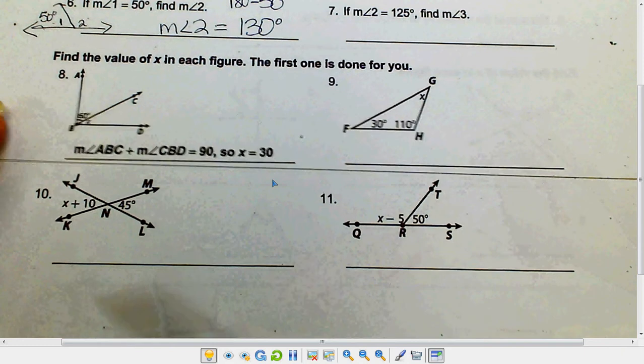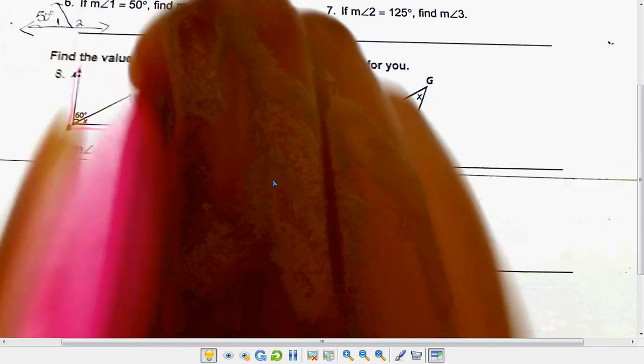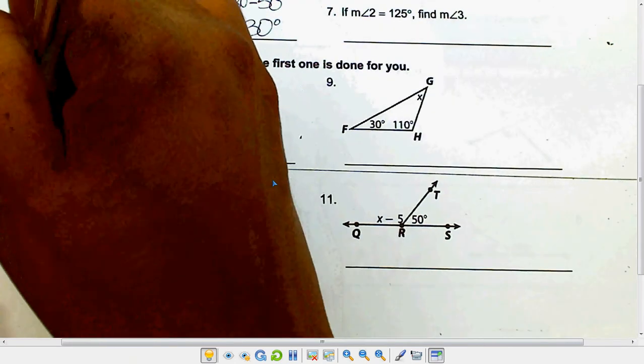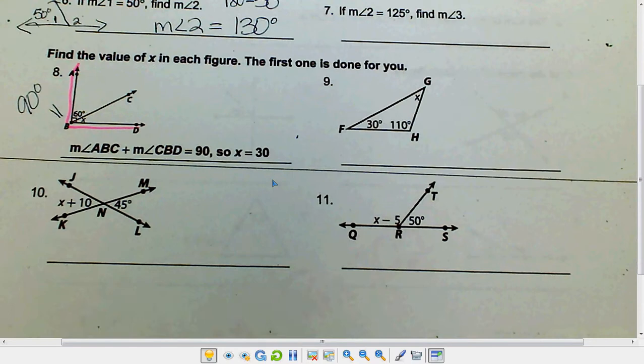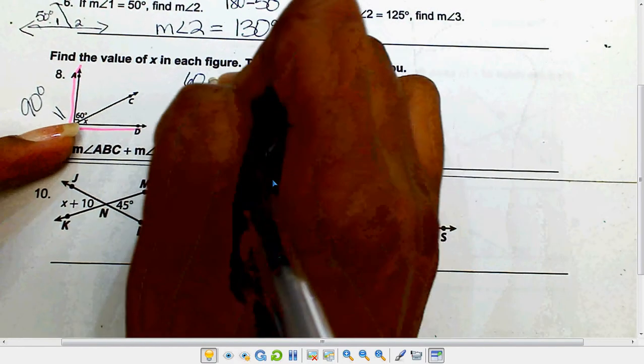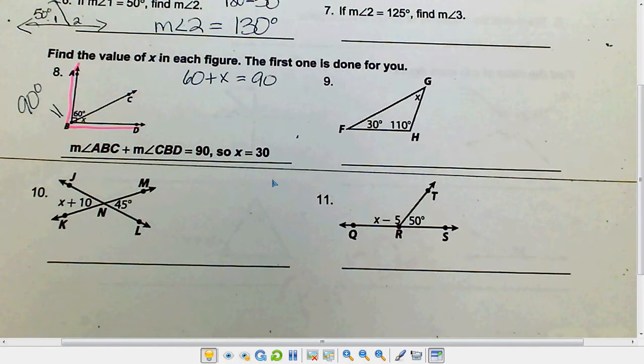So since both of these together had to equal 90 degrees, then that means this 60 degrees plus this x equals 90 degrees.